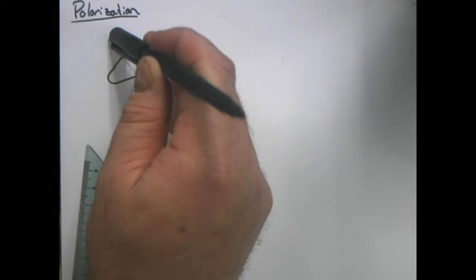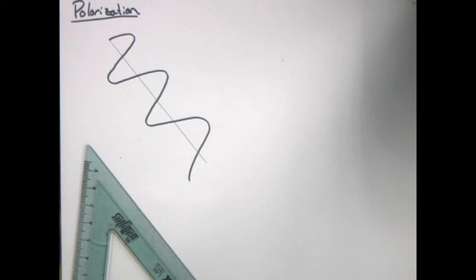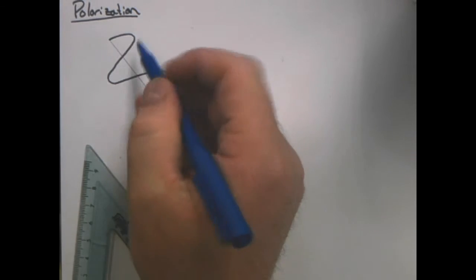All right, so it's coming out like that, ish. But it doesn't all just travel straight up and down. If you have light shining at you, the direction of the wave is traveling all over the place.